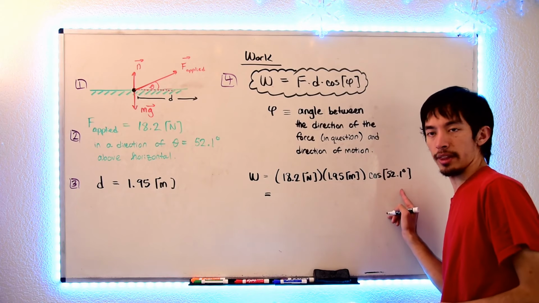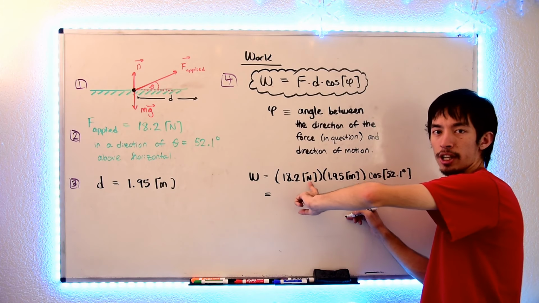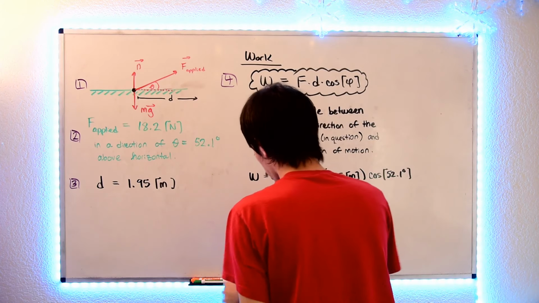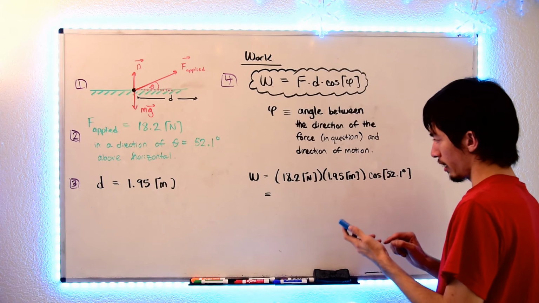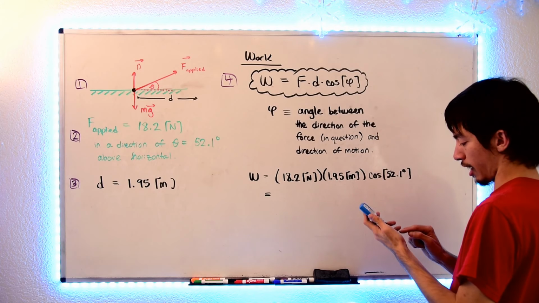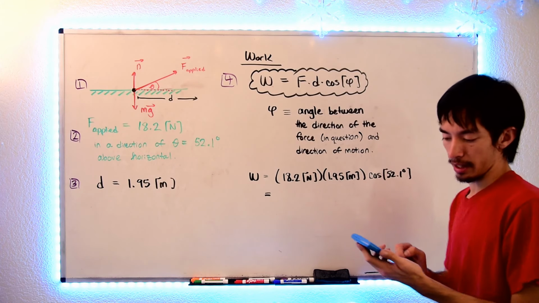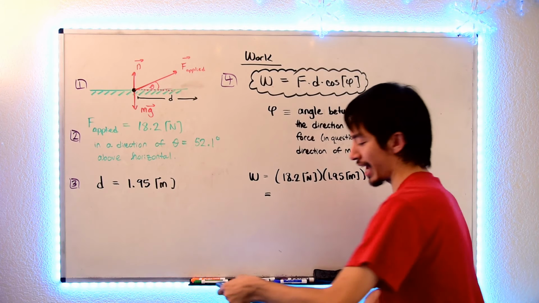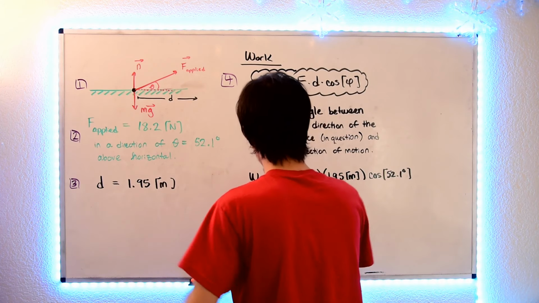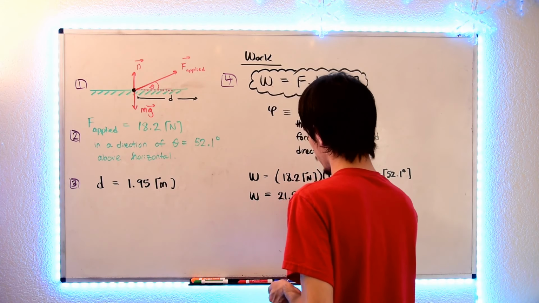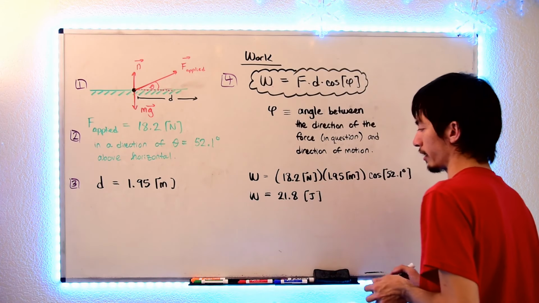We can just calculate this. A newton times a meter can be rewritten more compactly as what we call a joule, which is the unit for work or energy. Well, 18.2 times 1.95 times cosine 52.1 gives us 21.8. So the work done is 21.8, and more compactly written in joules.